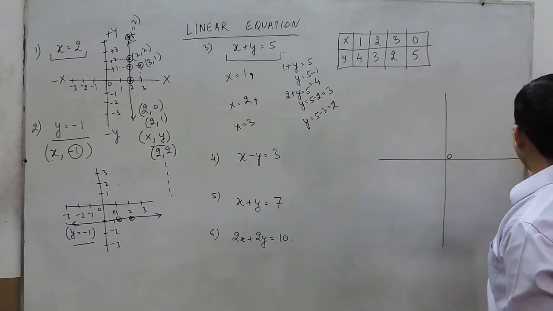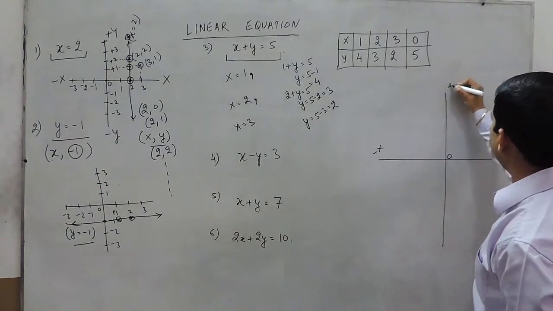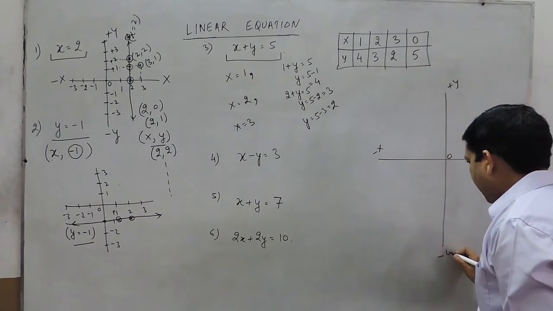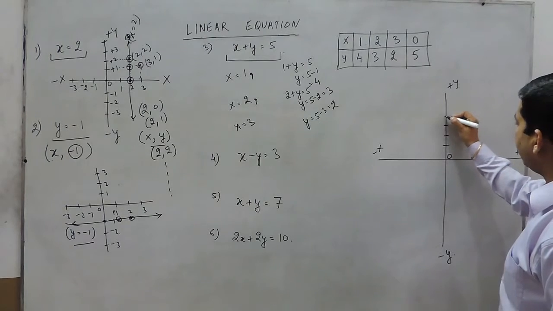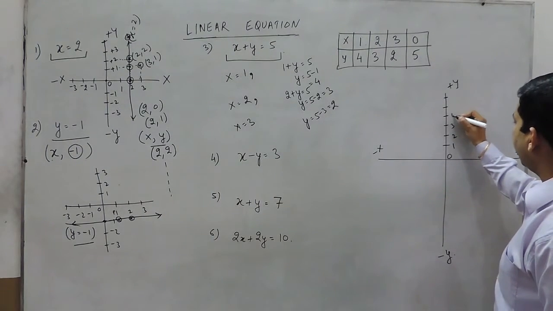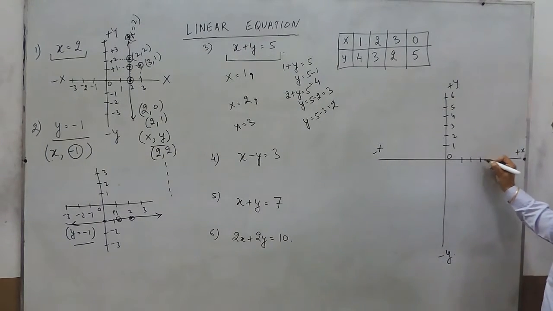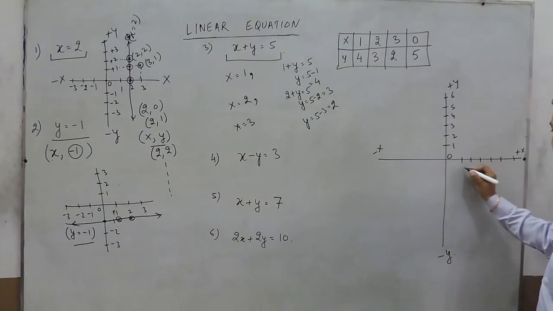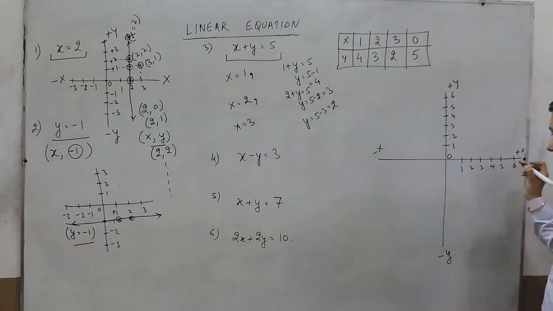This is the point 0. This is the positive x-axis. This is negative x. This is positive y, and this is negative y. So these are again the values on the positive side. It is 1, 2, 3, 4, 5, 6. These are again the values on the x-axis with the positive side, 1, 2, 3, 4, 5, 6.